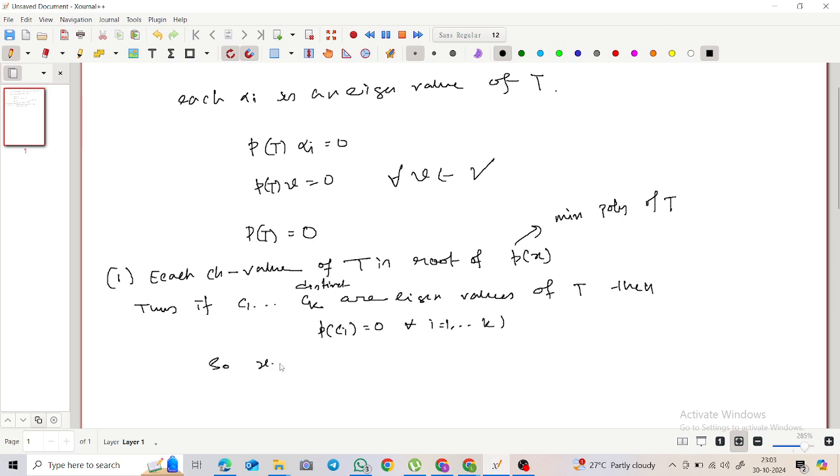So (x minus Ci) divides P(x) for all i belongs to 1 to k. Thus the product (x minus C1) to (x minus Ck) divides P(x), right?